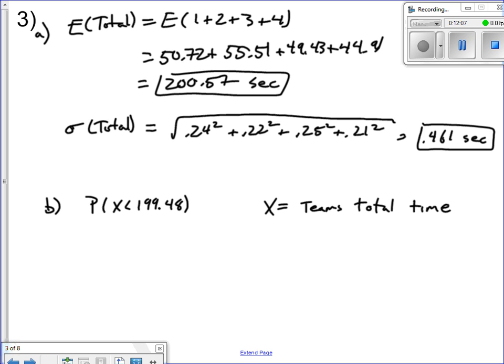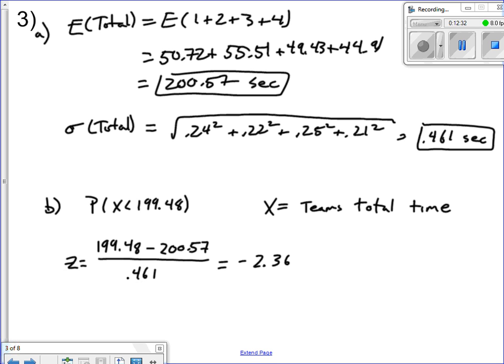So if we know it's normal, let's go ahead and get a quick z-score. The critical value for us is 199.48. We just saw above, we've got a mean, we've got an expected value. We've also got a standard deviation already. And so if we do all that, we are basically 2.36 standard deviations below. That's starting to get a little bit out there.